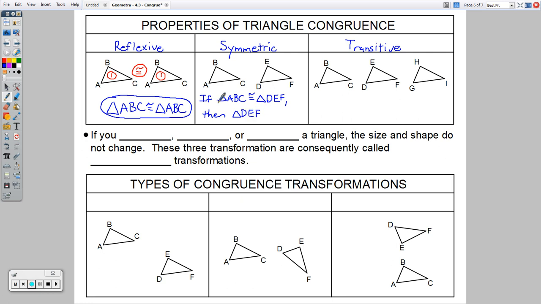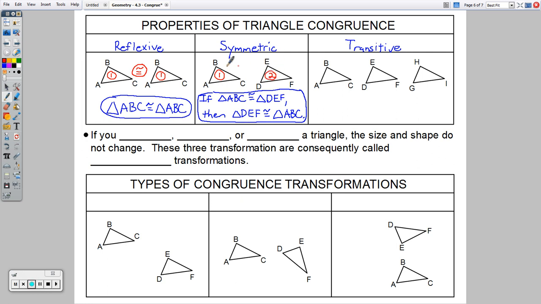Looking in a mirror, you have symmetry there. Yourself looking in the mirror is the same as the mirror looking at yourself. Ooh, mine's getting blown again. All right, so if triangle ABC is congruent to another triangle, DEF, then that other triangle is congruent to the one you started with. And up here in the picture, I'll designate that with a 1 and a 2 now.